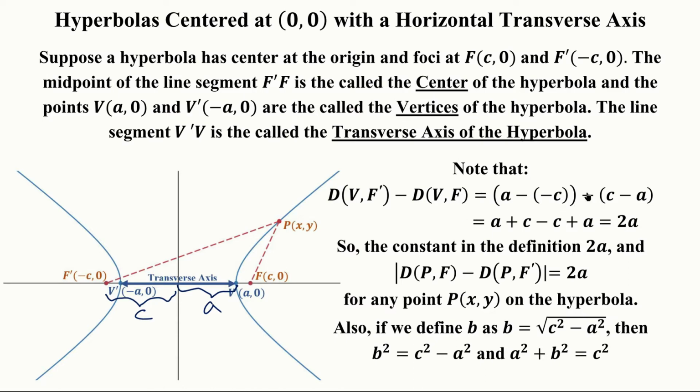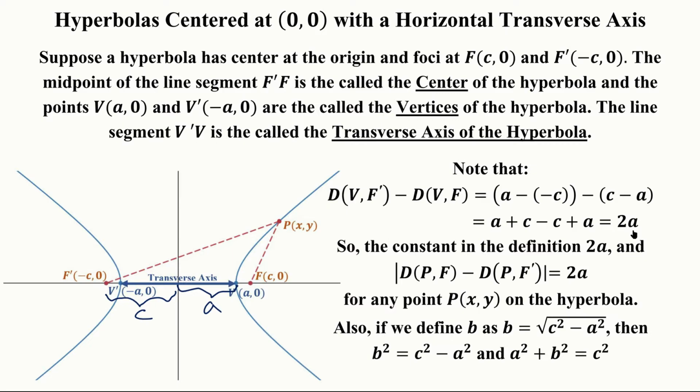Now, minus the distance between V and F. In this case, c is the larger number and a is the smaller number, so that distance is c minus a. So we get a plus c minus c plus a. The c's cancel out, and we get 2a.